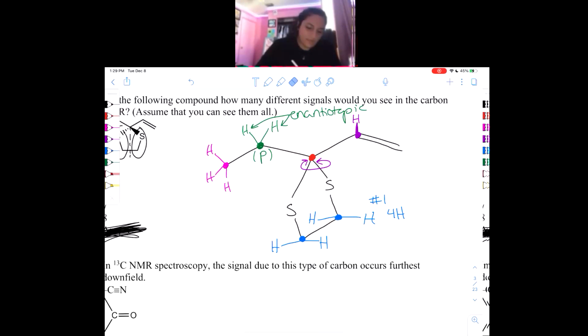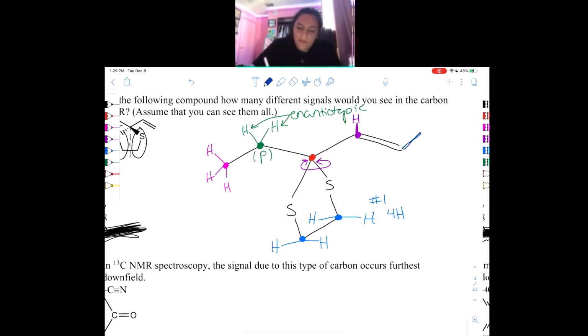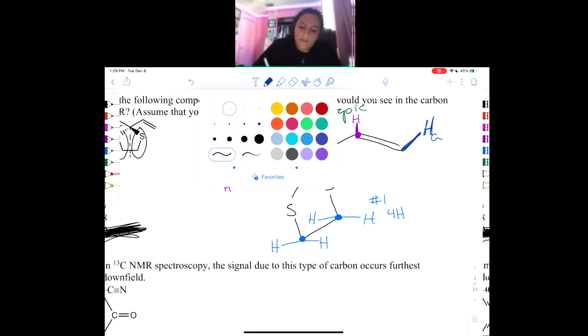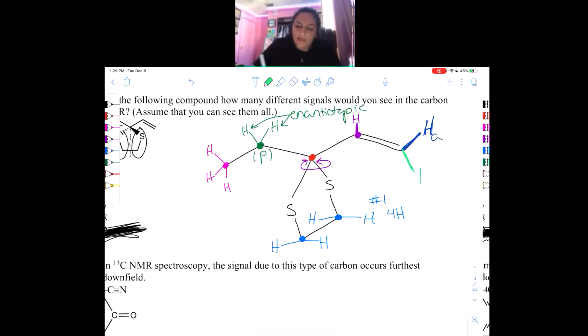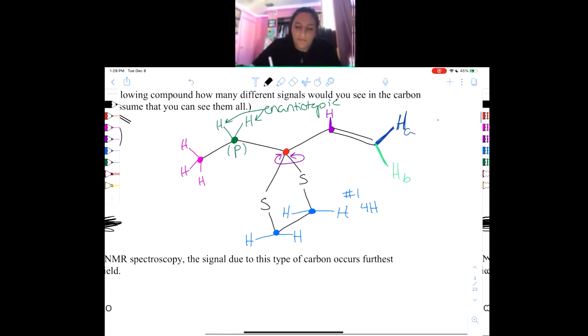Why do I use up so many colors? We have HA and HB, and their relationship is diastereotopic. So they are two completely unique signals, but this carbon right here is just one signal by itself.